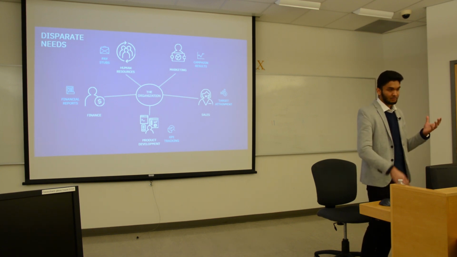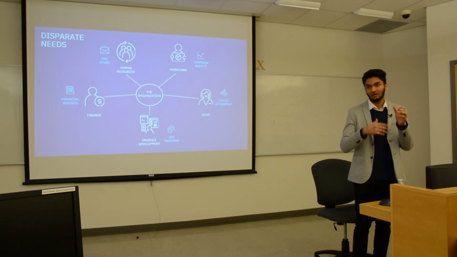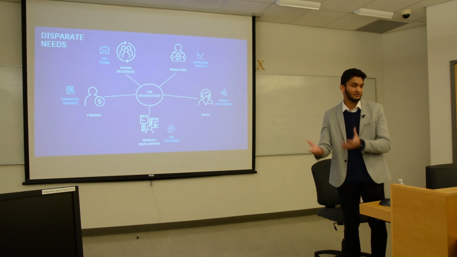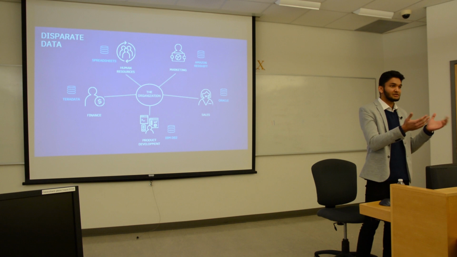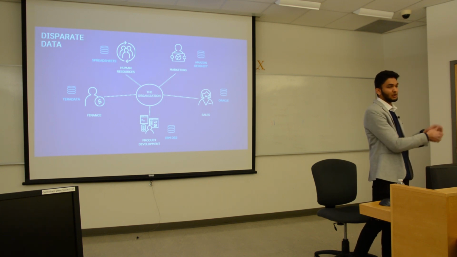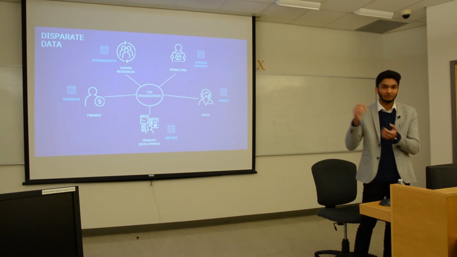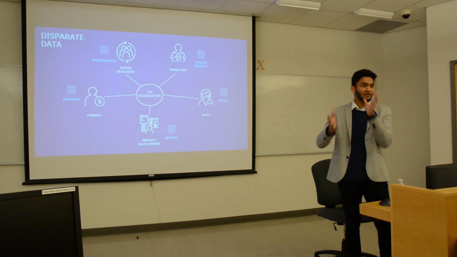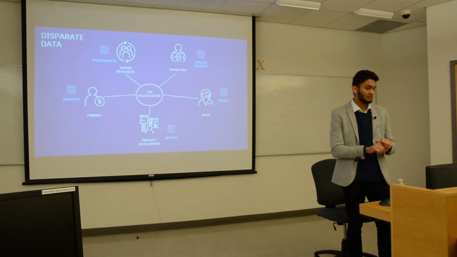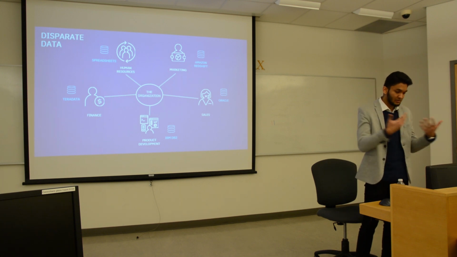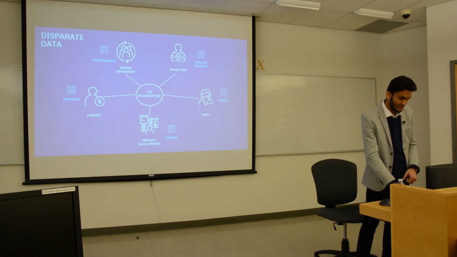And with different teams, you might have different ways of storing the data. One team might use Amazon's cloud, one team might use IBM's cloud, one team might go with Microsoft. You have different data in different places. It's all scattered around because it's a big organization. There's no unified place where they store the data.